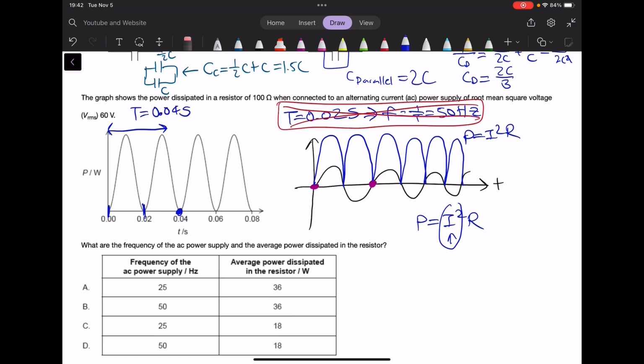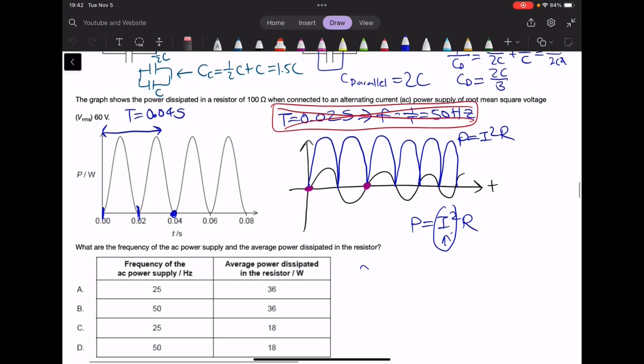We need to consider two little graphs here because we are taking the square of current. Now we know the period, we can calculate frequency. Frequency is equal to 1 over period, so 1 over 0.04, which gives us 25 hertz.